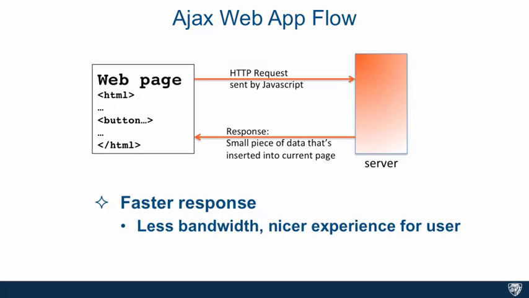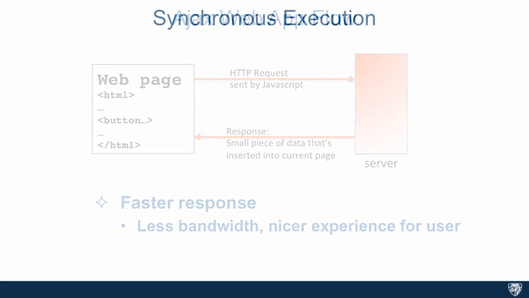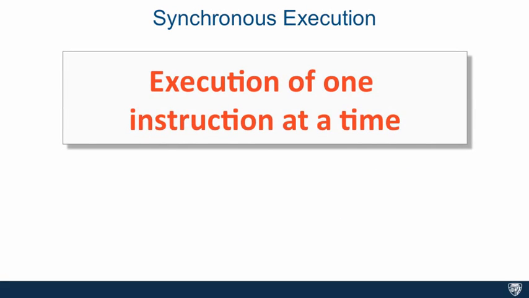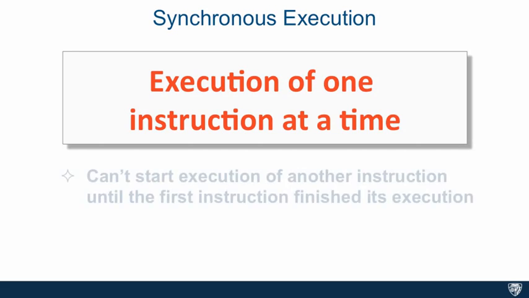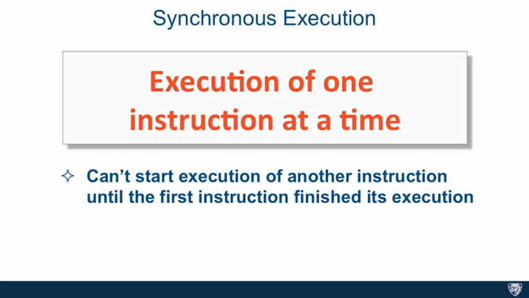Now, before we go to the process of how Ajax works, let's remind ourselves what is synchronous versus asynchronous execution, since Ajax has asynchronous as its first word. So what is synchronous execution, first of all? Well, synchronous execution is execution of one programming instruction at a time. What that means is that you can't start execution of another instruction until the first instruction has finished its execution.